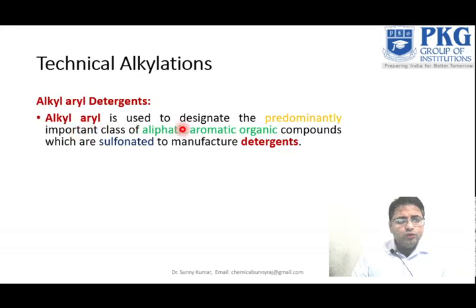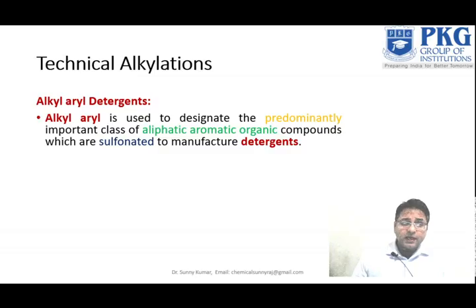Alkyl aryl is used to designate the predominantly important class of aliphatic aromatic organic compounds which are sulfonated to manufacture detergents.